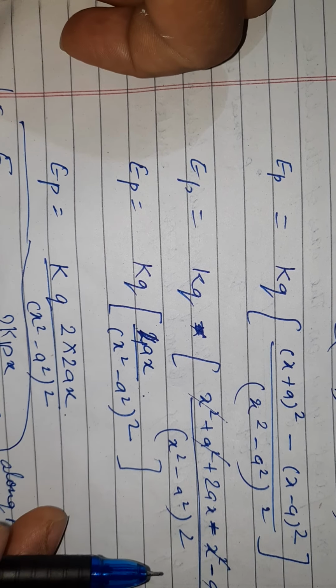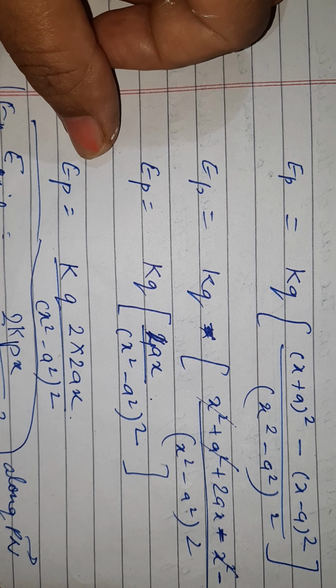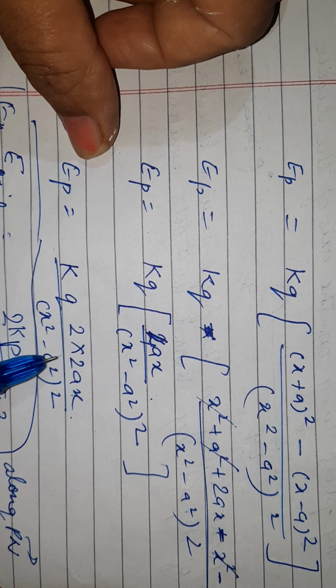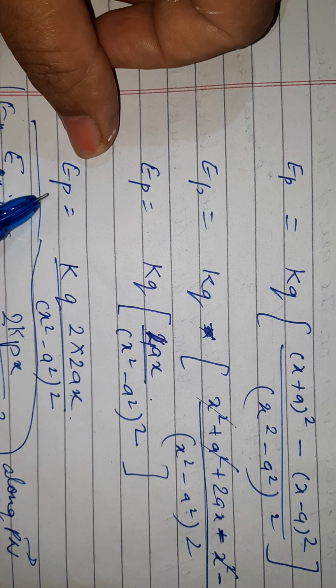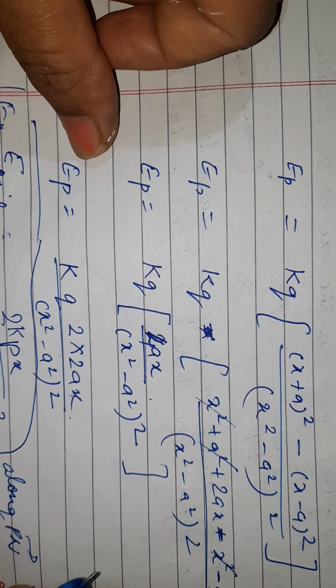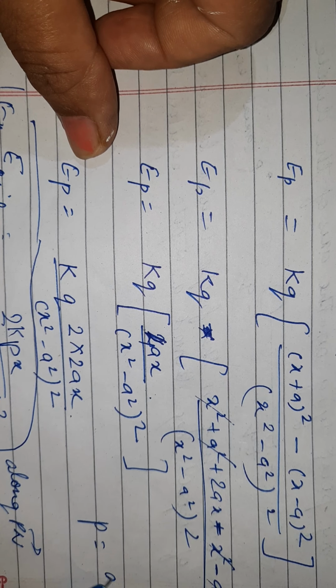Okay, so why are we breaking this? So that we can write down electric field in the form of dipole moment. So what is dipole moment? P is equal to Q into 2a.